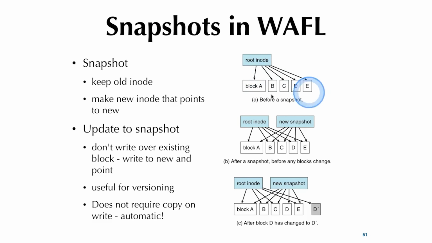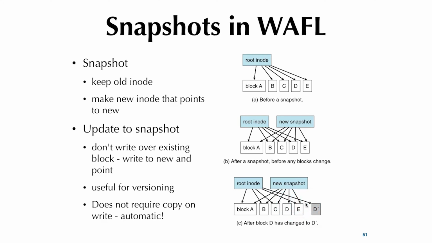So initially, before a snapshot, you have the inode, blocks A, B, C, D, E. Then after a snapshot, and before you make any change, it allocates a new snapshot and tentatively puts the same pointers, so that's almost like a copy of these references to these blocks. And if it says, okay, the block D here should be changed, then what happens?